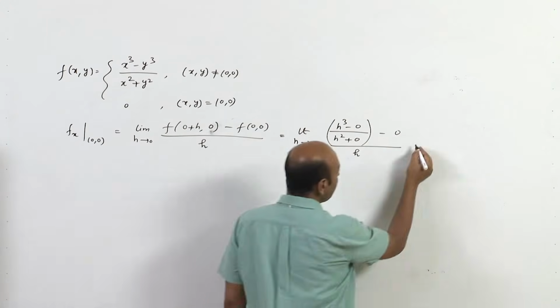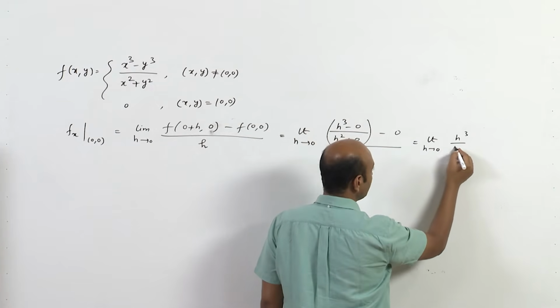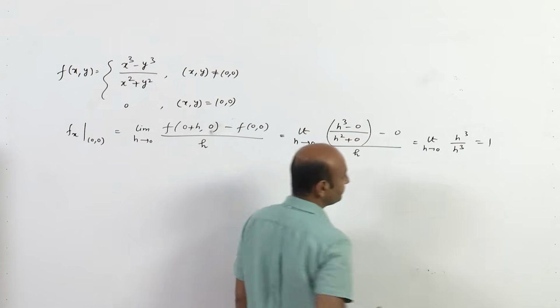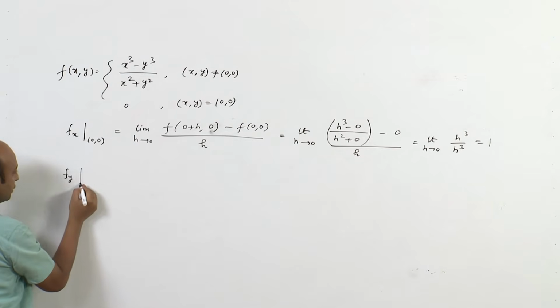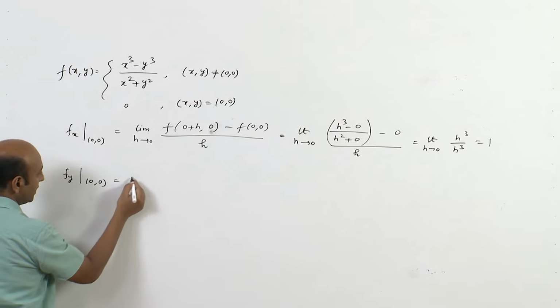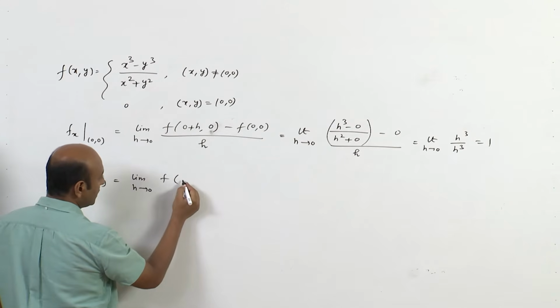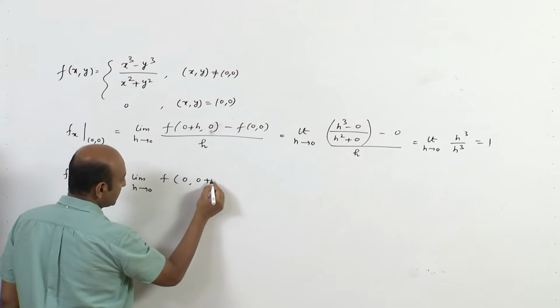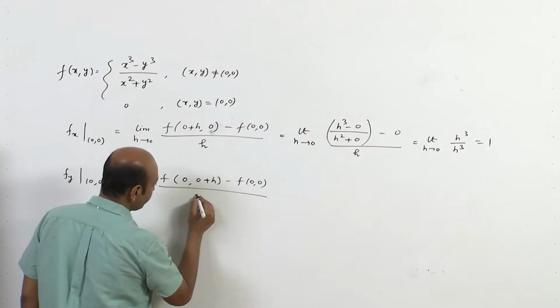So, this will be limit h tending to 0 h cube upon h cube, and this is 1. Okay. Now, you compute f_y at (0, 0); it is limit h tending to 0 of f(0, 0 + h) minus f(0, 0) upon h.